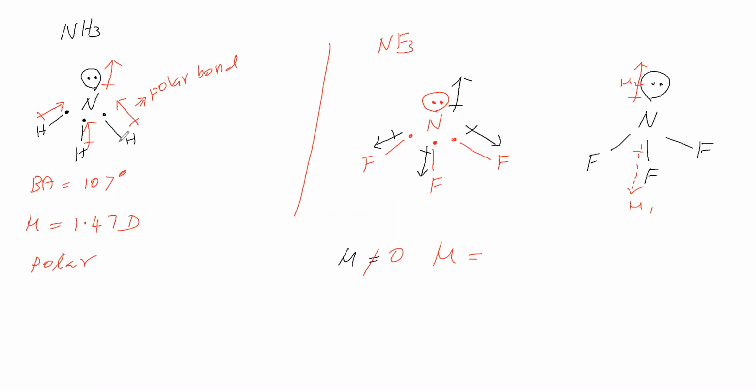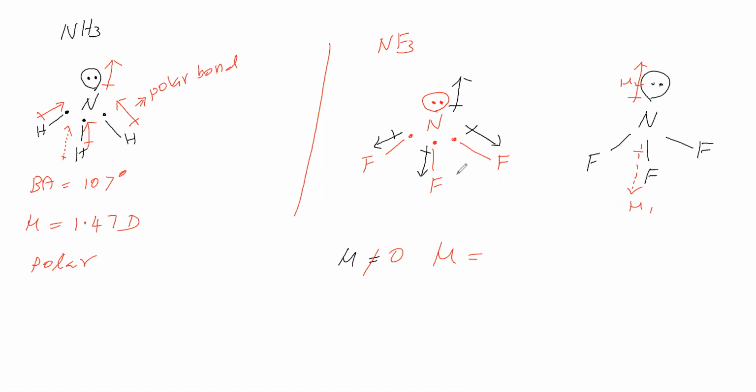Now here in NH3, if we see, all the dipole moments are towards up. But in NF3, the lone pair dipole moment is towards up, but the NF dipole moments are towards down. In this case, due to bonds, the resultant dipole moment is towards up. But in this case, the resultant dipole moment due to bonds is towards down.